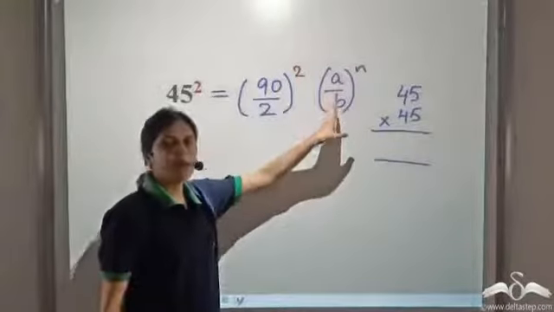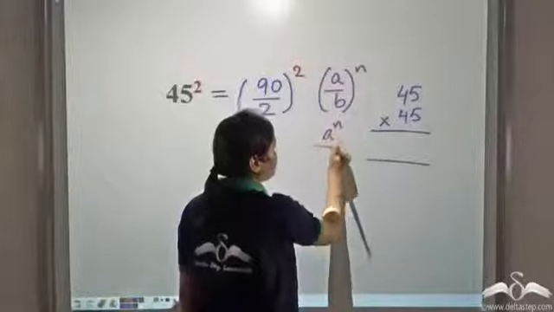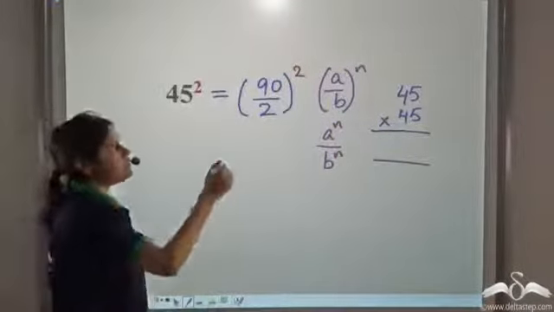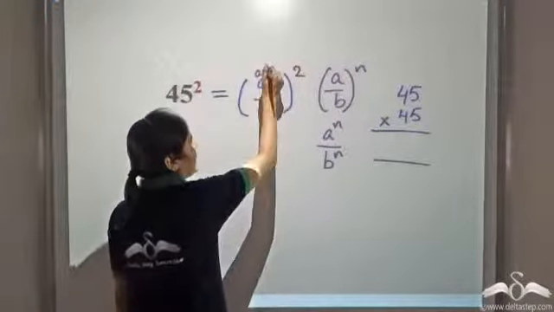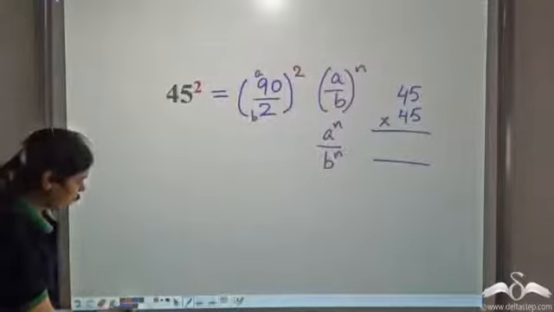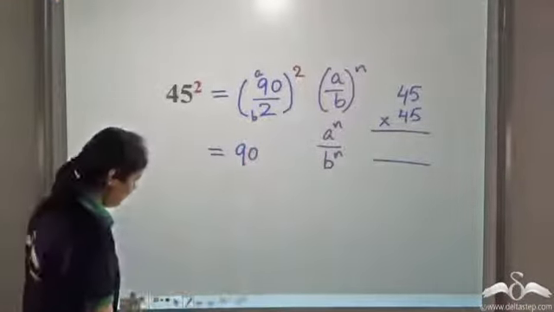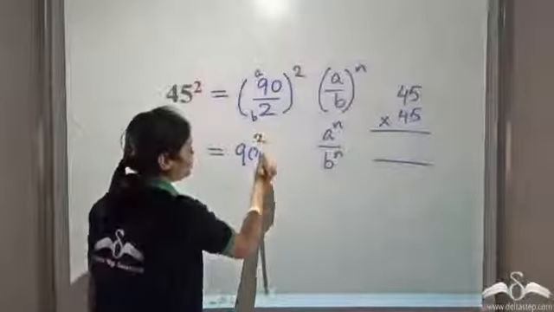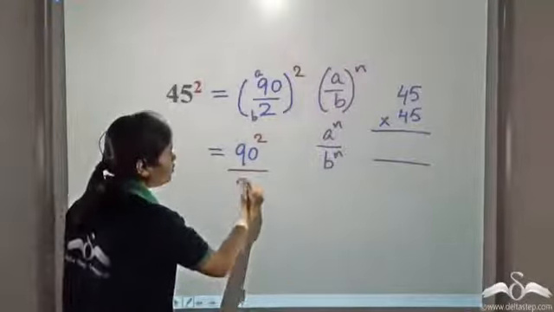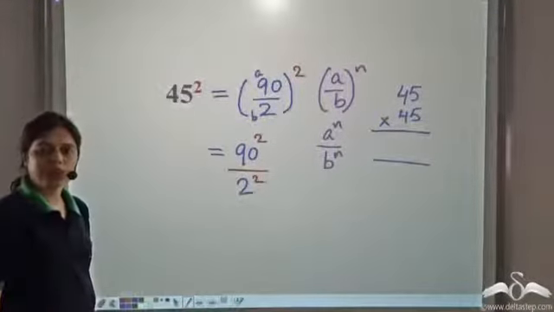We know that a by b to the power n is equal to a to the power n divided by b to the power n. So we take 90 as a and 2 as b. We get 90 to the power 2 divided by 2 to the power 2. This is what we have.